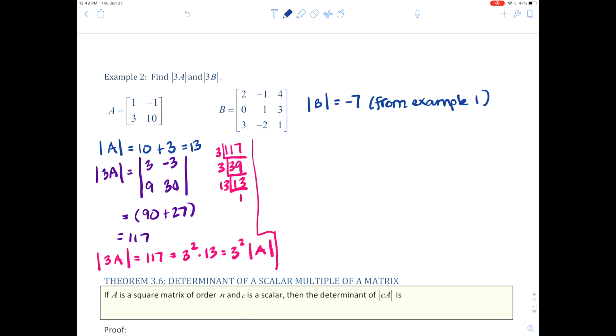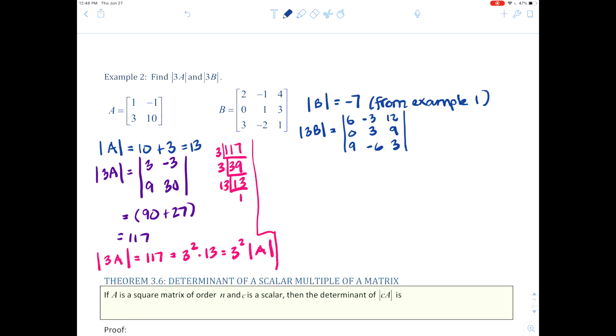Now let's go ahead and find the determinant of 3 times B. That's going to be the determinant of 6, -3, 12, 0, 3, 9, 9, -6, 3. Good so far? I just tripled each of the entries in B.